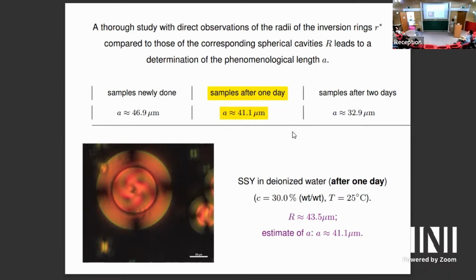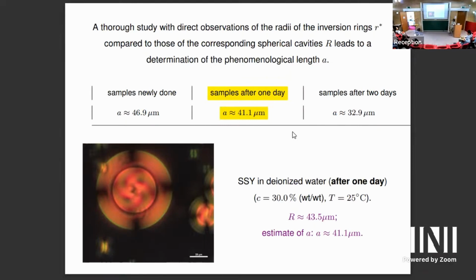I can give the detail of how we provided these estimates at the end of the presentation, but I want to say that we provide three estimates for A, differentiating the cases in which the samples are observed just after their creation, after one day, and after two days.